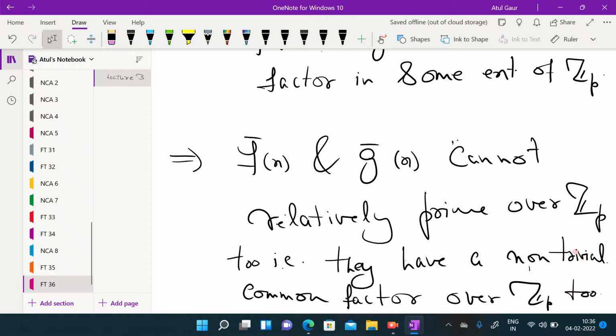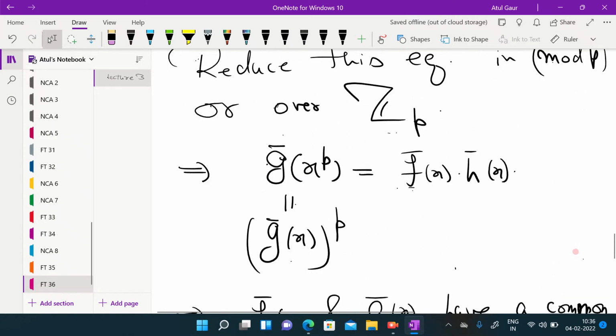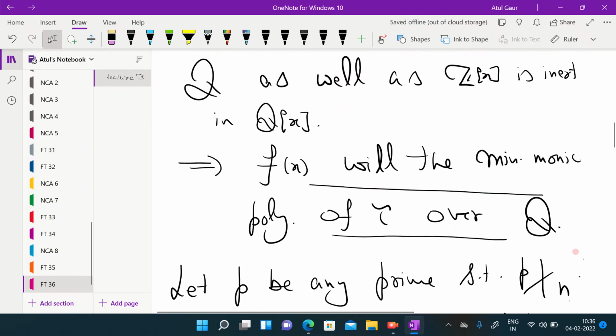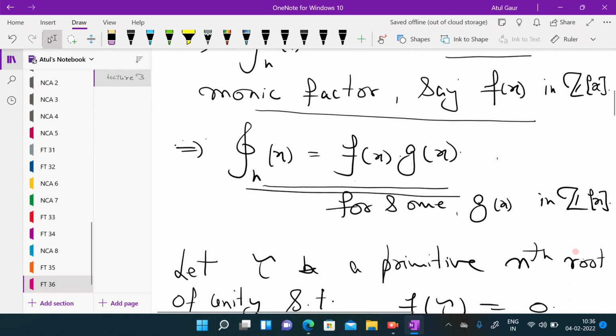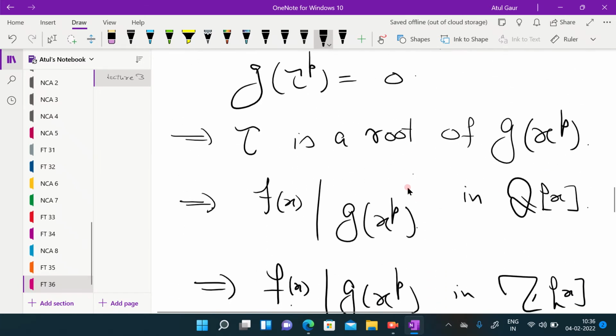So that means what? F bar and G bar have a non-trivial common factor. Now, what were F and G? Go back. Phi n x is f x into g x, right? So reduce this modulo p.